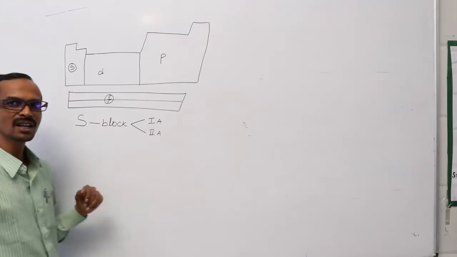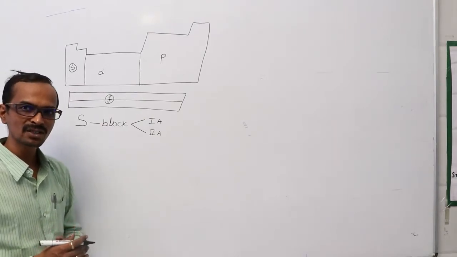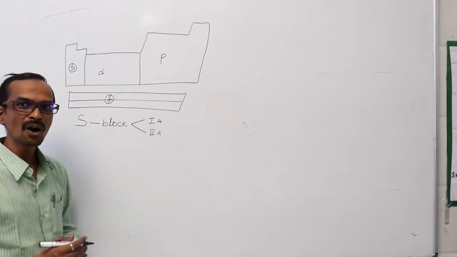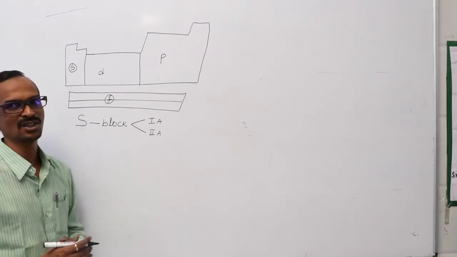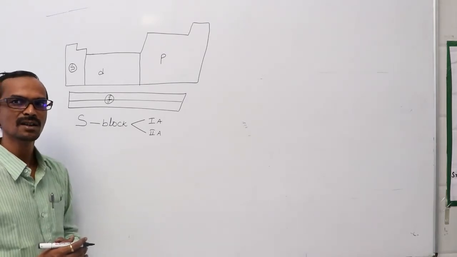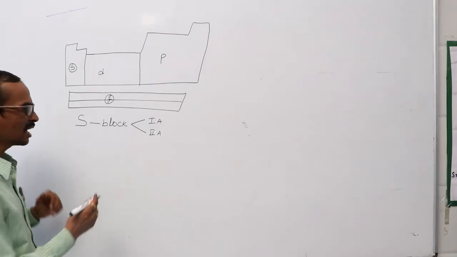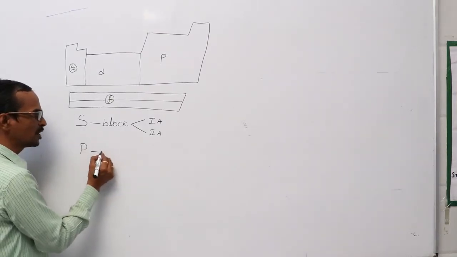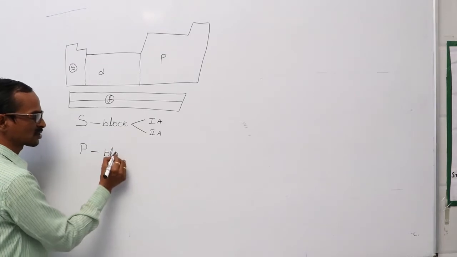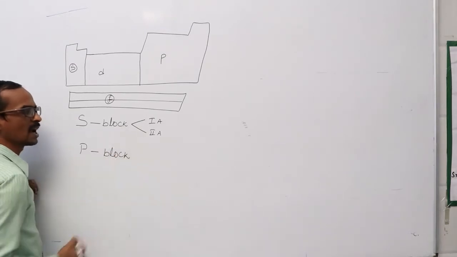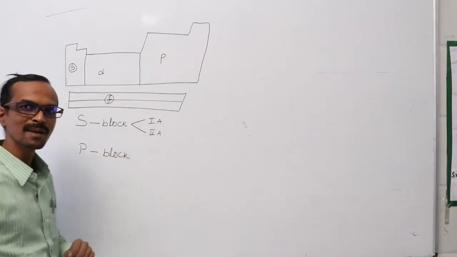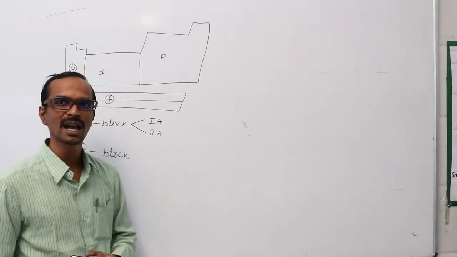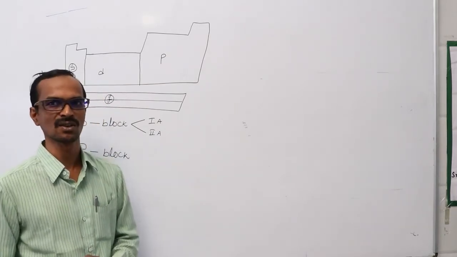Next, if the differentiating electron enters into the p orbital of the valence shell, then those elements are called the P block elements. We know that a p orbital can accommodate a maximum of 6 electrons.